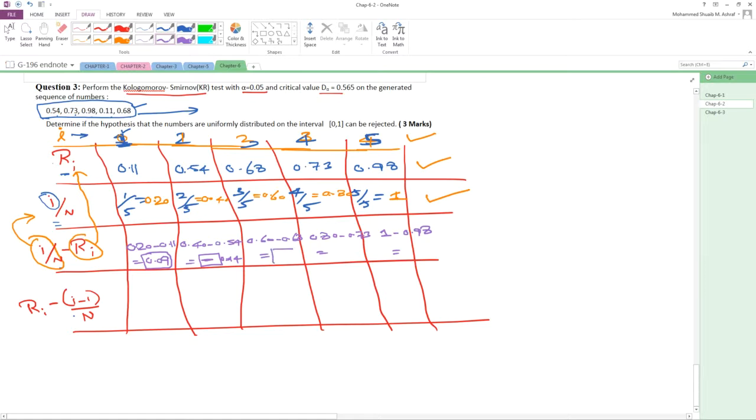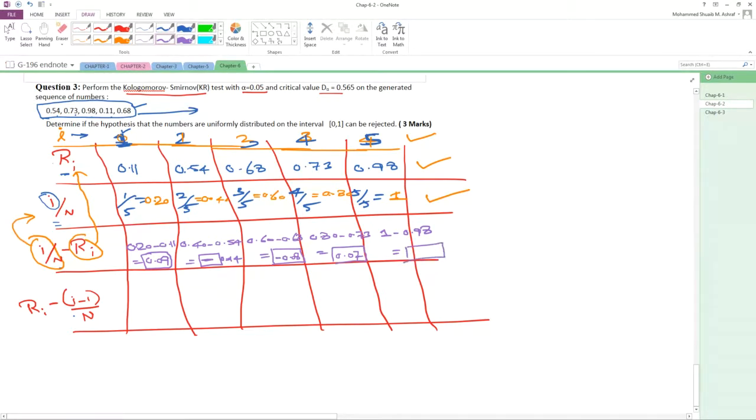Here minus 0.08. Next, 0.80 minus 0.73 is 0.07.